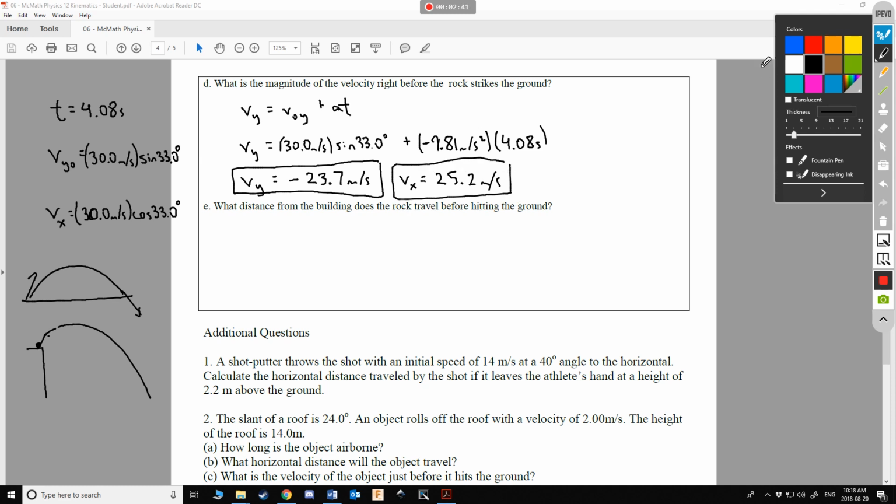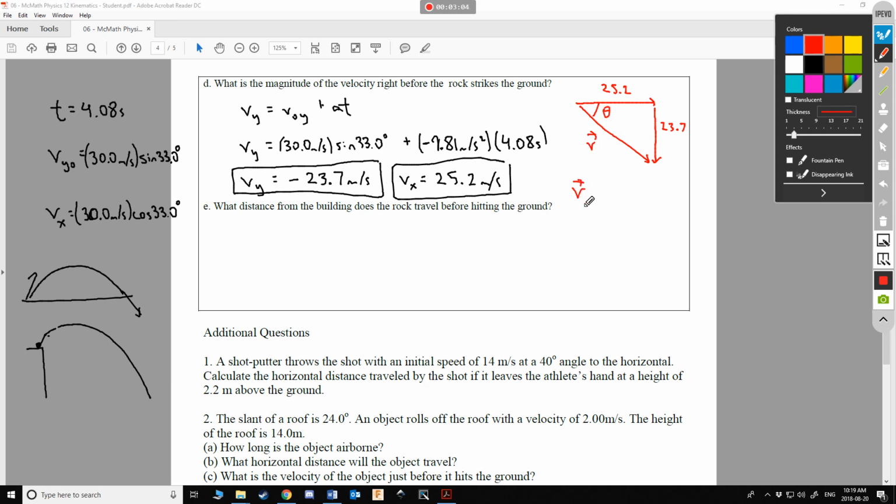And we can draw a triangle from this. The object is traveling to the right, but our final velocity is down, down and to the right. So this side is 23.7, this is 25.2. What is our magnitude and our angle?